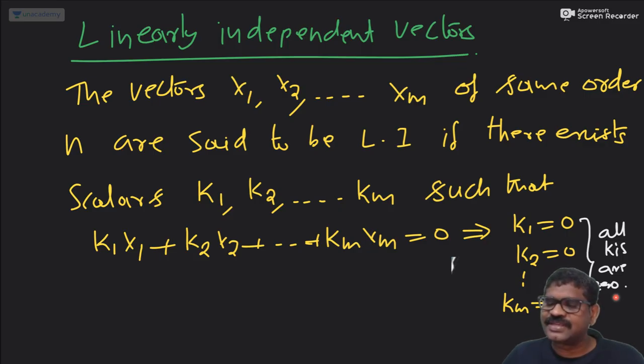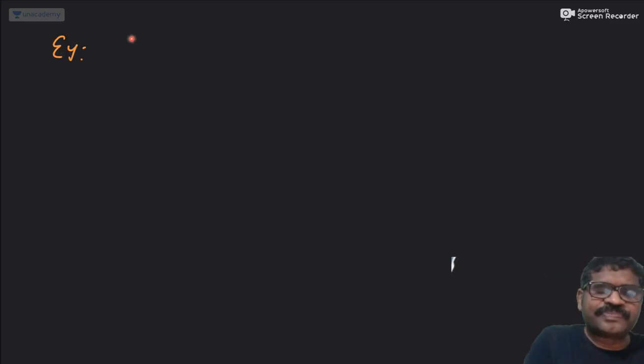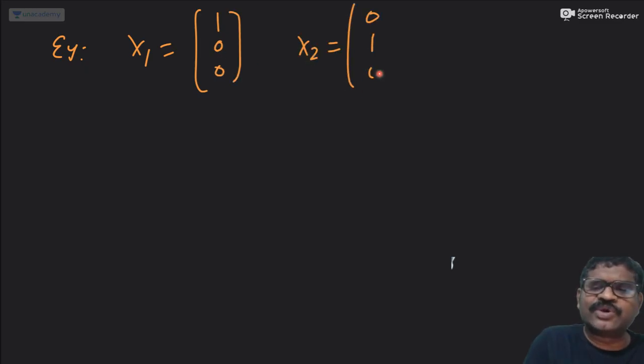Because you will get the idea only if I explain with an example. Directly by reading the definition even 10 times, you won't get the idea. Observe. For example, x1 is 1, 0, 0, x2 is 0, 1, 0, x3 is 0, 0, 1.